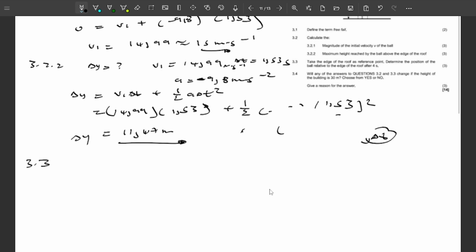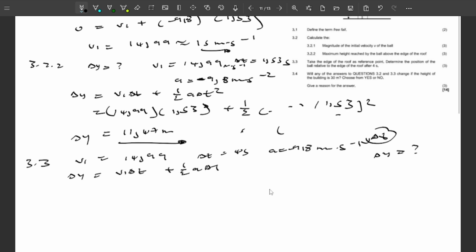Since we know that we have v initial, which is 14.99 or 15, and my change in t, which is 4 seconds, and my a, which is negative 9.8, I'm not missing anything apart from this. I'm going to use this equation: change in y equals v initial change in t plus 1 over 2 a change in t squared.